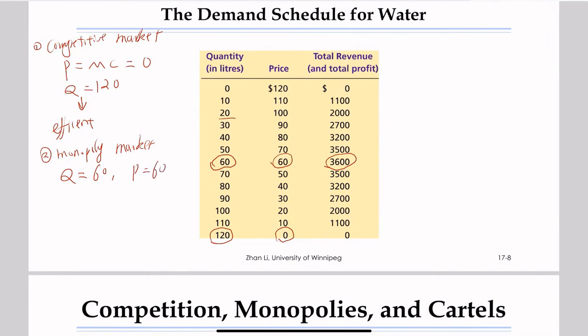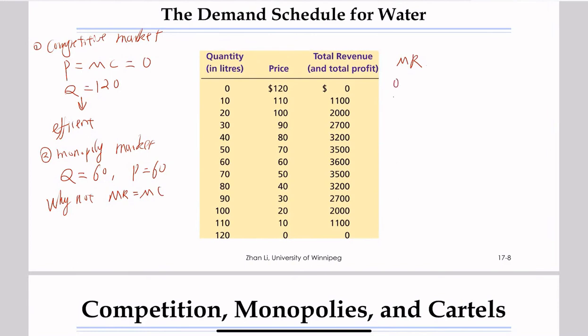Now, I wouldn't say it's an important type of knowledge, but it's an important trick. Why shouldn't you use MR equals MC? Let's see what will happen if you think about marginal revenue equals marginal cost. Now we have total revenue here, so we can write marginal revenue here. And this is 0.